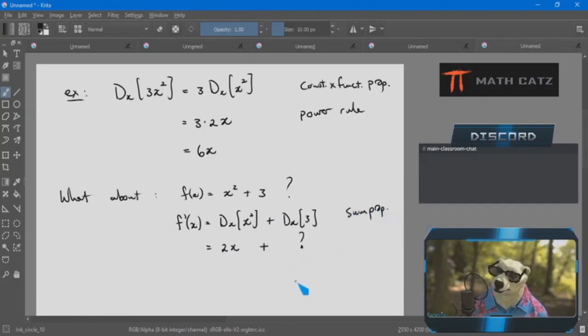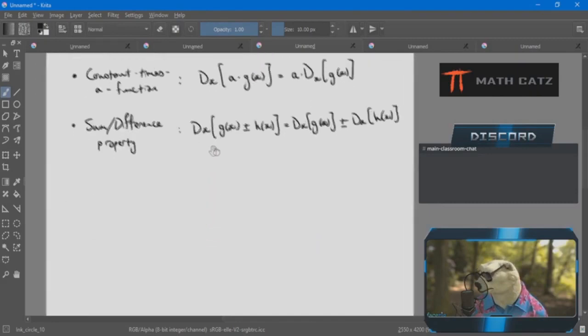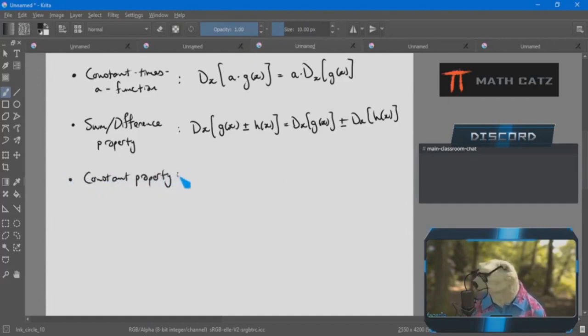But I don't know how to handle a constant function. That's not in my list. I have a power of x, a constant times a function, and two functions added or subtracted. I need a constant property. We're going to call it the constant property. These names aren't super creative, I'm sorry.